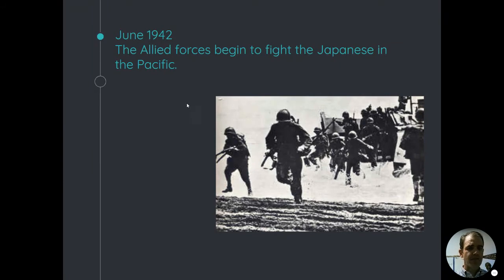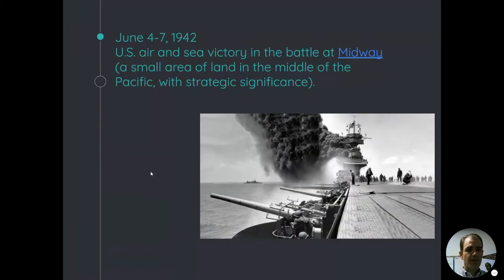In June of 1942, the Allied forces begin to fight the Japanese in the Pacific. So we start to see the battles happening on the ground there. And then from June 4th through 7th, 1942, we see the U.S. air and sea victory in the Battle of Midway, a small area of land in the middle of the Pacific with strategic significance.